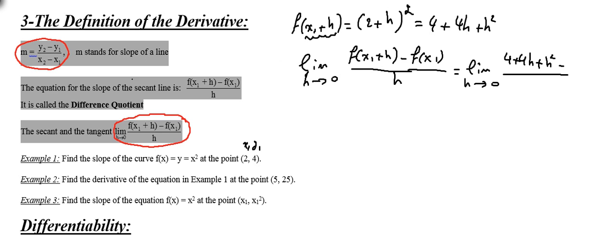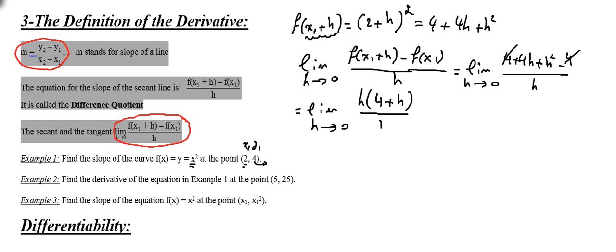What is f of x1? It's f of x at x equal 2, which is 4, over h. Then 4 minus 4 is 0. We factor h out and cancel it over h. Now we can substitute h equals 0 directly, and the answer is 4 plus 0, which equals 4.